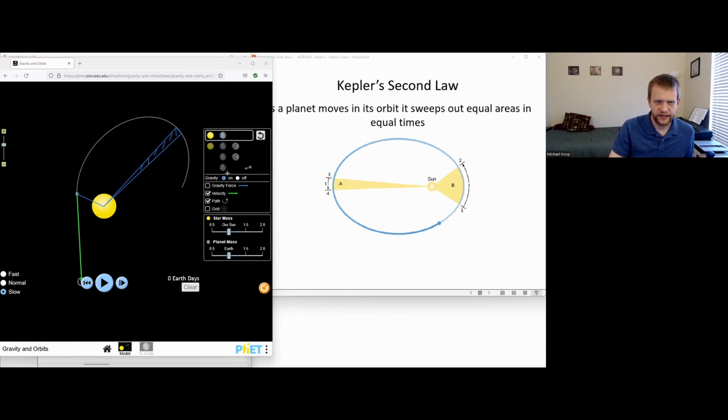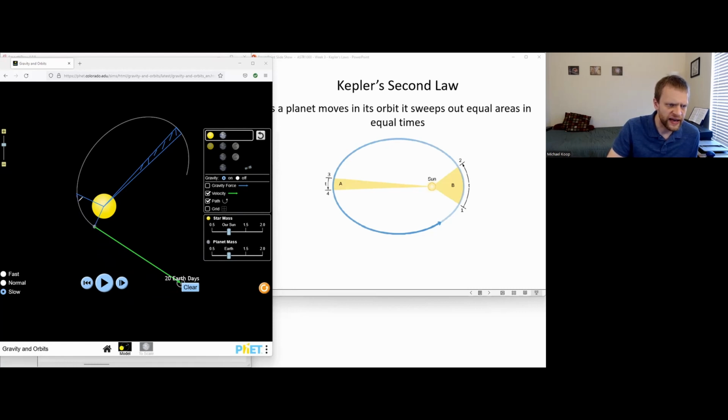And I'm going to try to get this as accurate as I can. Another 20 simulated Earth days. So 1, 2, 3, 4, 5, 6, 7, 8. There we go. So now the planet is over here.